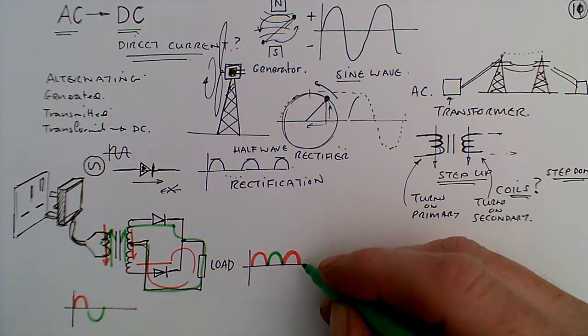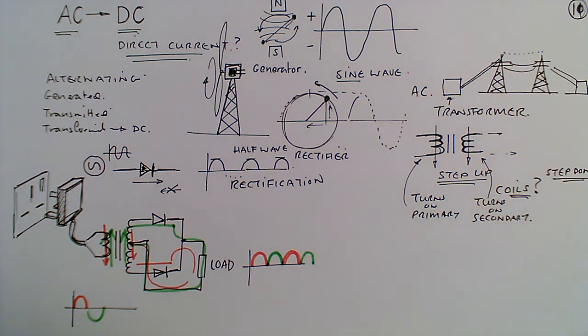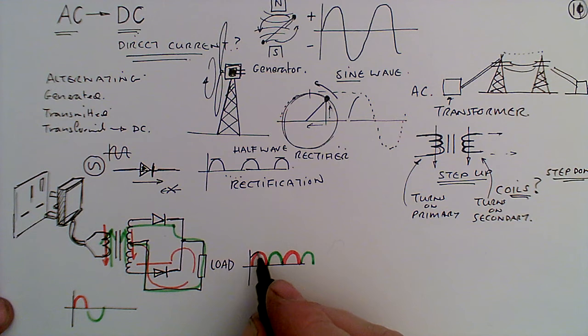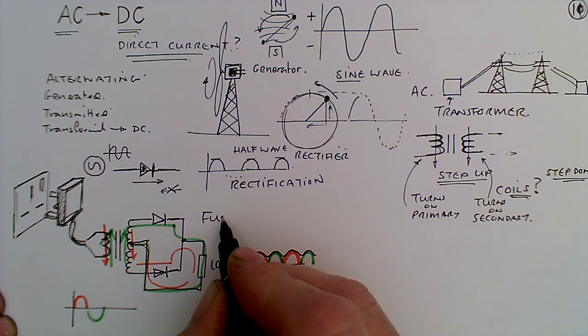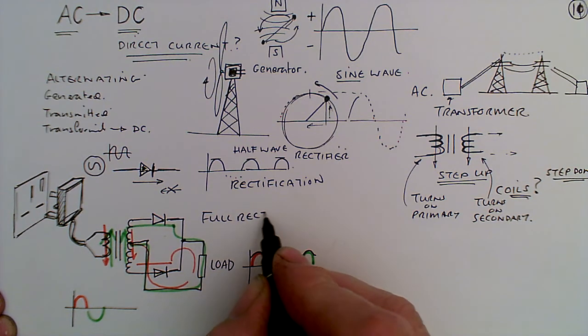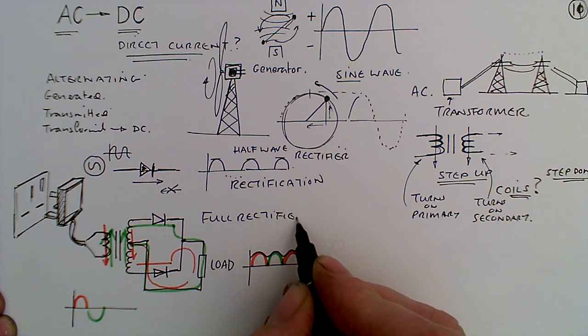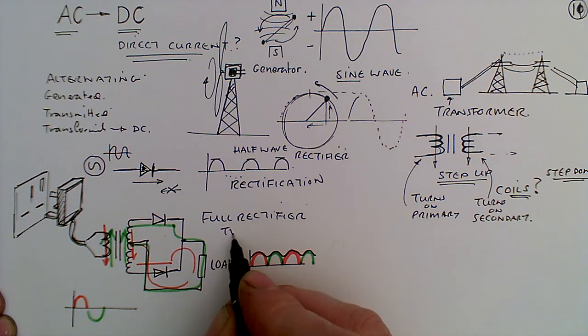So you'd end up with a direct current. Okay, a bit of a wobbly direct current, but actually we can deal with that. So this is a full wave rectifier, using two diodes.